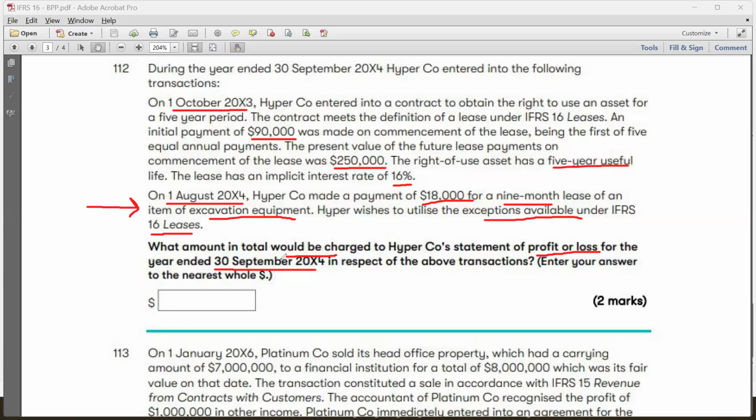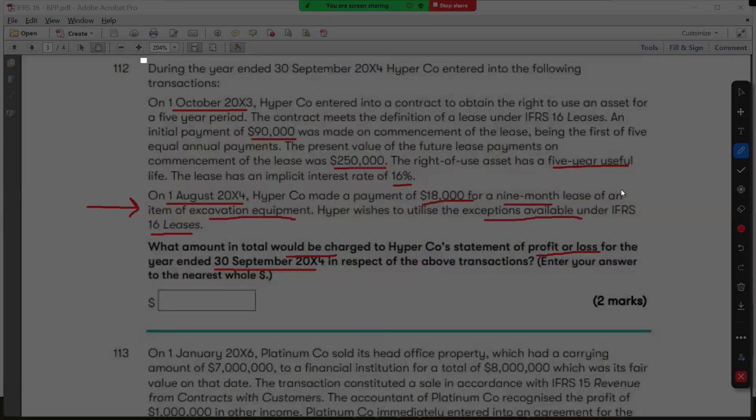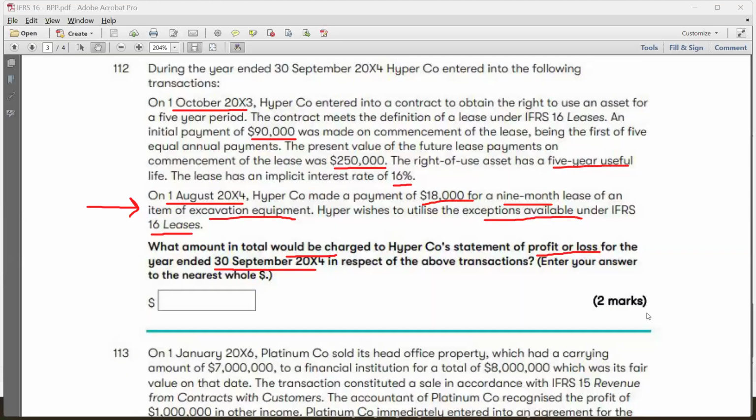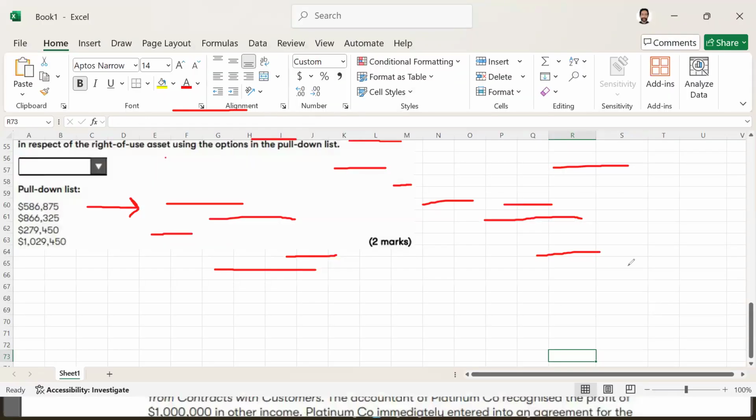So we have to calculate 3 figures: the depreciation, the interest, and the lease charge for this short lease. Okay, so let's take this question to the Excel sheet and understand. When we do the math, you will have a better understanding.